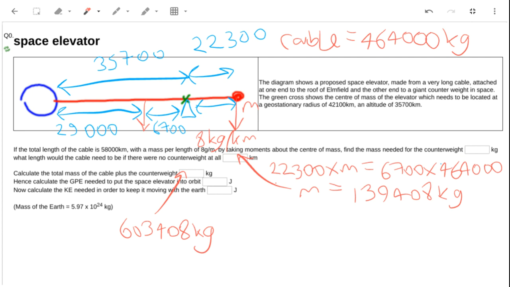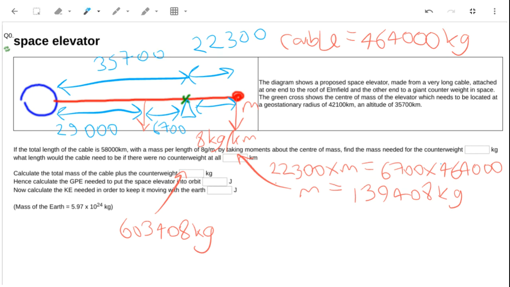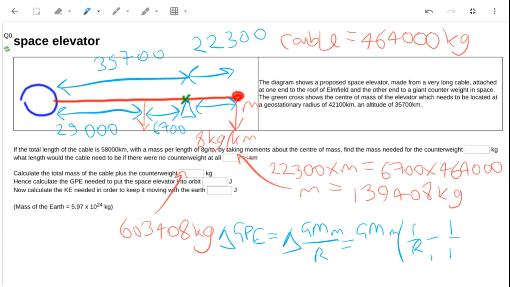How much gravitational potential energy is needed to put the space elevator into orbit? Well, be careful here, because we're taking the material from the surface of the Earth. So for that question, it's a change in gravitational energy, which is a change in GMm over R. Now G isn't changing, big M isn't changing, little m isn't changing, but it's 1 over R1 minus 1 over R2.